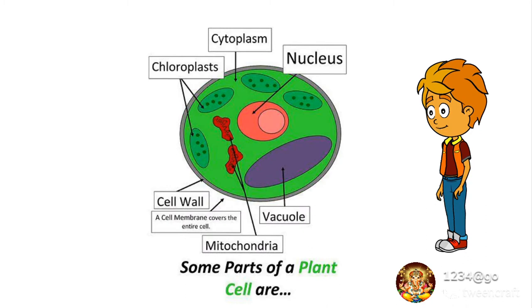Cell structure. Though the shape, size, and activities of cells vary, all cells have following major functional regions: cell membrane, cell wall, mitochondria, vacuole, nucleus, cytoplasm, chloroplasts.